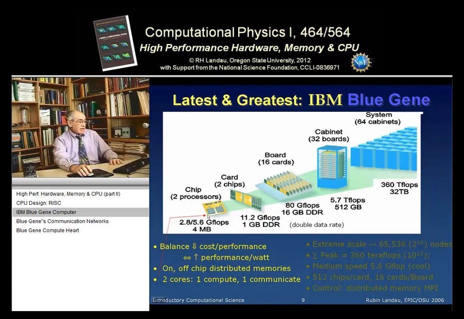Okay, so these are the cores. The next bit up in complexity is that a card is made. The card fits into a circuit board. The card has 2 chips on it. So that just doubles all the numbers, and gives you a total of 11 gigaflops of processing on the card. So it's just twice what a chip had, and the chip has 2 processors.